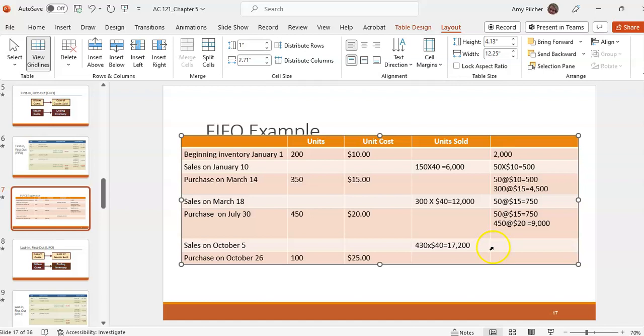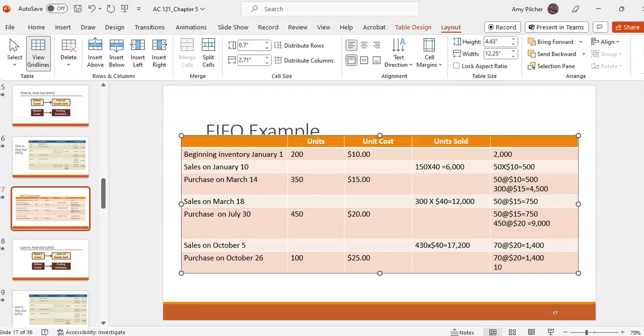So now we have 70 of the $20 left. And then we buy another 100 at $25. So now we have 70 at $20, $1,400, and we purchased 100 at $25 for $2,500.